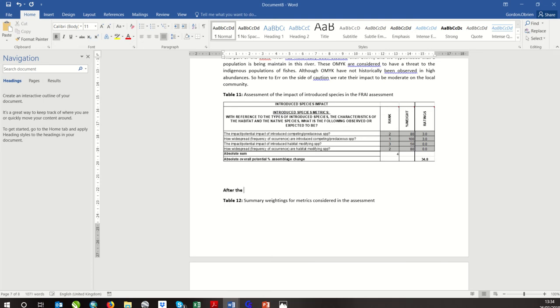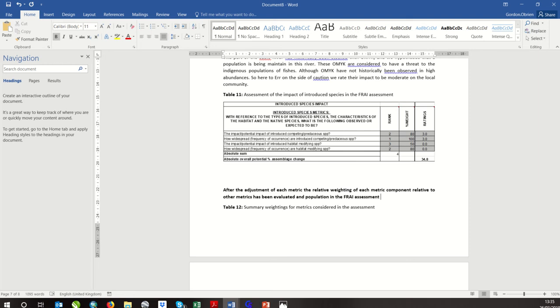So after the reassessment, let's call it adjustment, of each metric, after the adjustment of each metric, the relative weighting of each metric component relative to other metrics has been evaluated and populated in the Frai assessment base. Okay, and that's going to be this table 12.